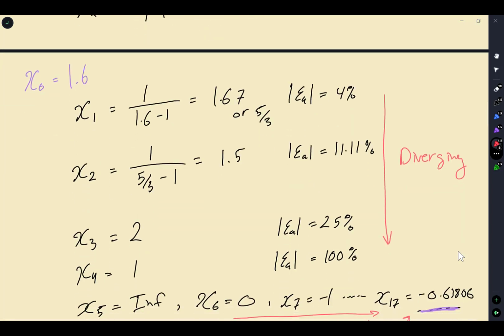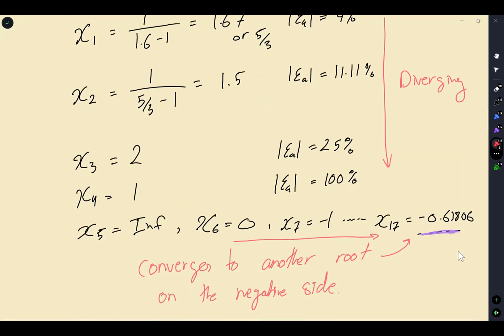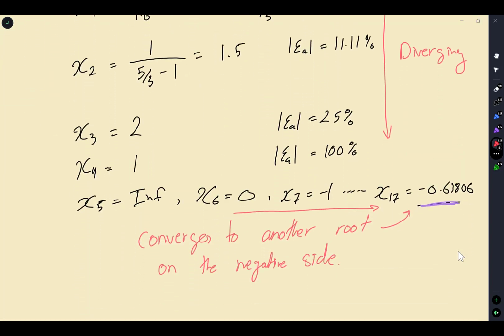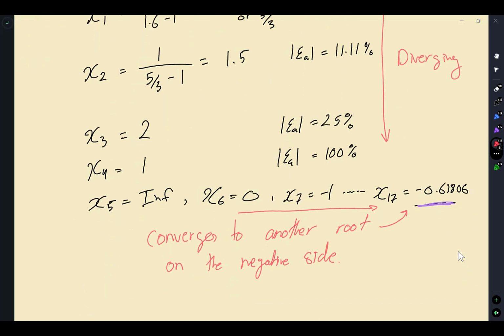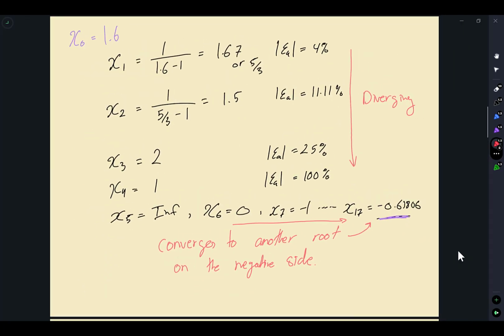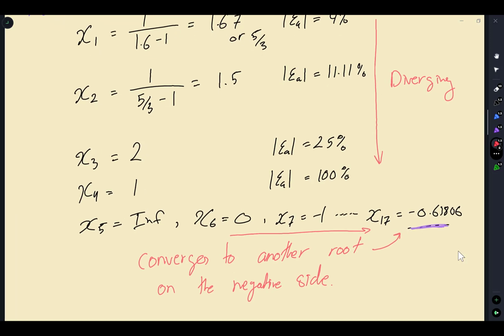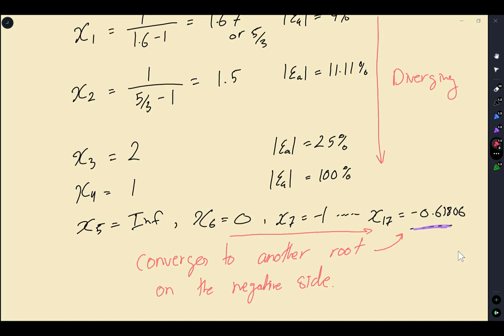So again, it depends on the problem, but this is an example that clearly shows you how the fixed point iteration method can be used, and how once you use it, you can sometimes converge and sometimes diverge.